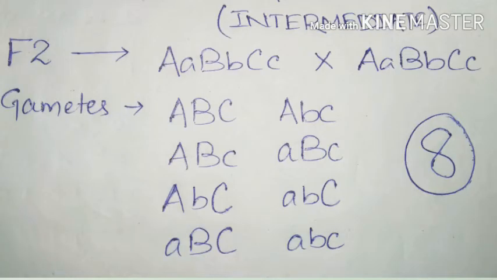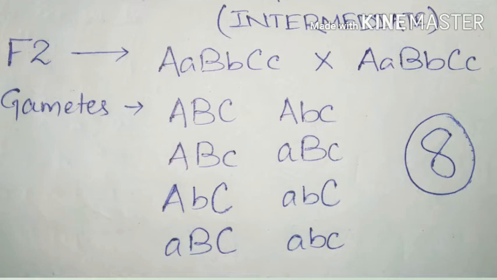So how do you find those 8 gametes? It's a simple thing. First write the 3 genes A, B and C all in capital.